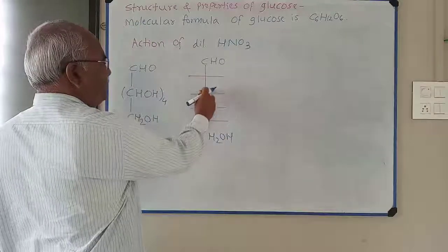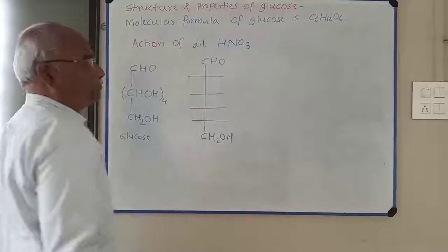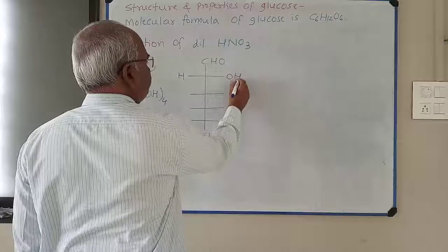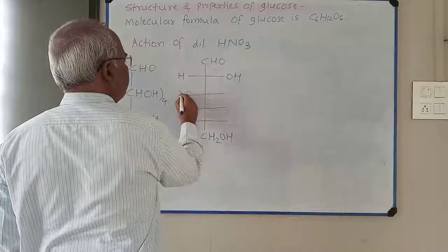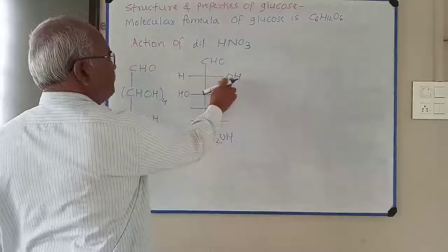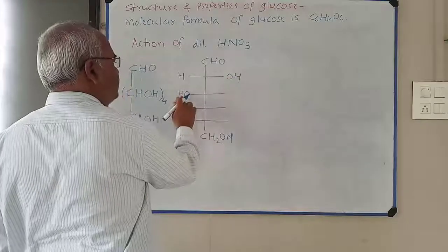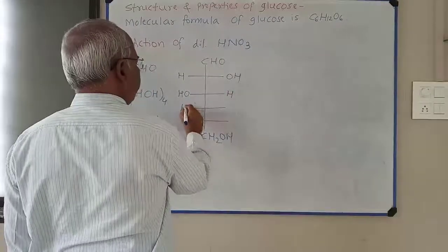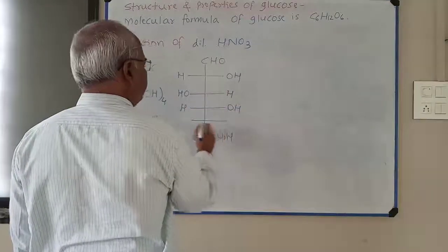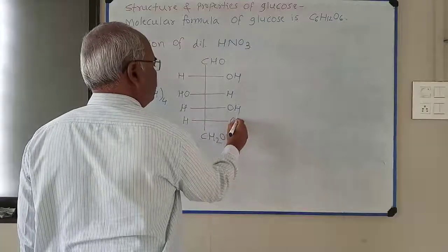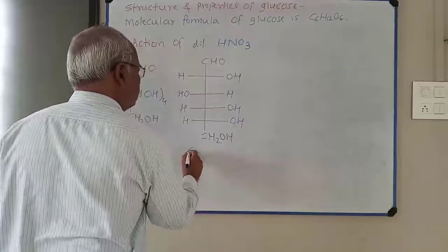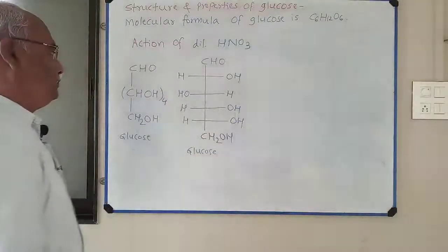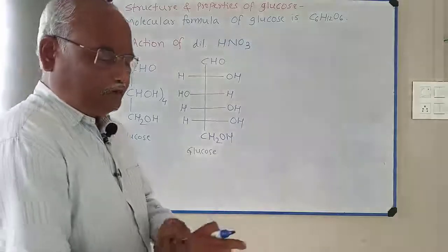This point represents carbon. Here is hydrogen, here is OH. Here is OH, interchange: OH on the right hand side, here OH on the left hand side, H, OH, H, OH. This is the glucose molecule.